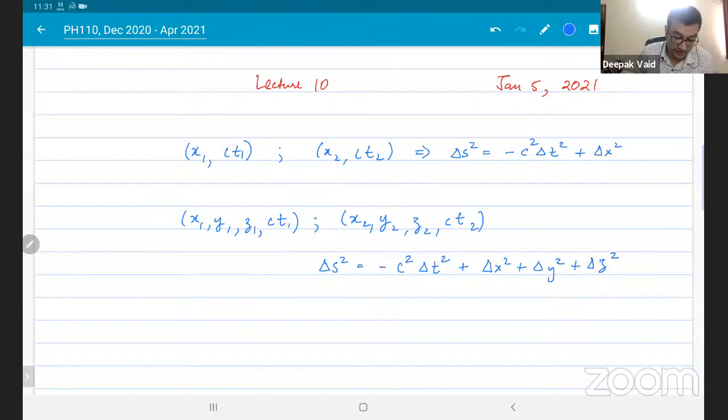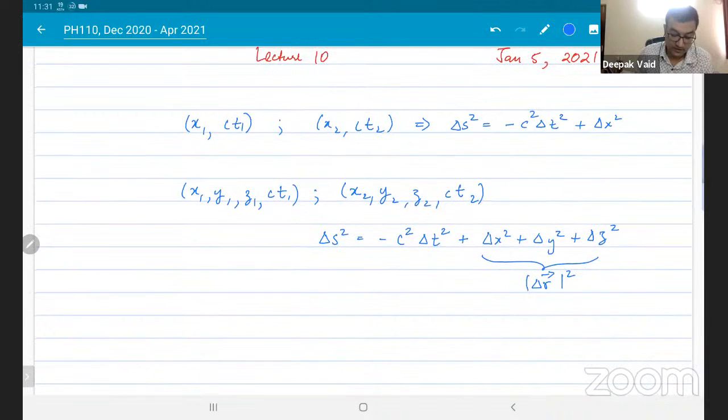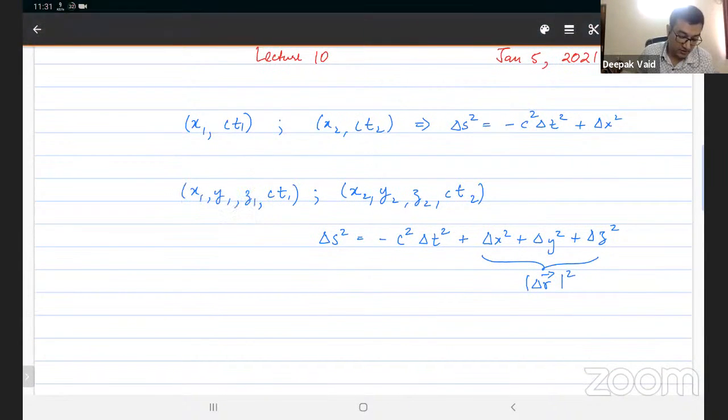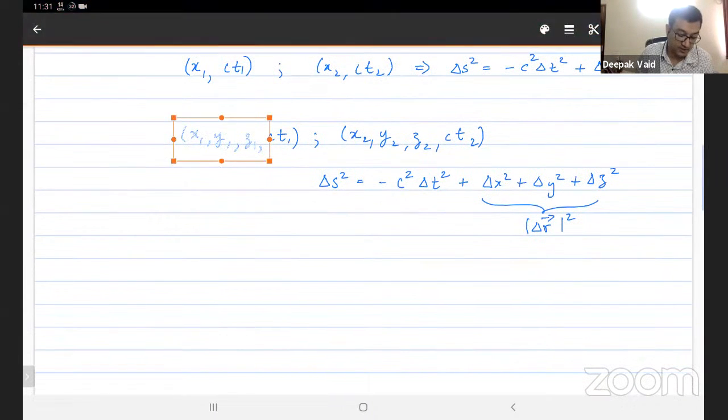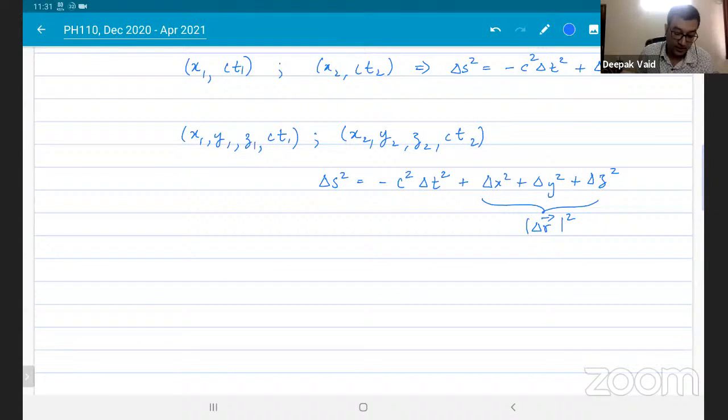Now, this has two parts. One is the spatial part, which I can write as delta r squared. Okay. What is this delta r squared? This is just the distance between these two spatial points, right? This is a single spatial point, this is another spatial point, and this is the distance squared between those two points, right? Now, what is the property of this delta r? Delta r, this distance, is always greater than or equal to 0, right?